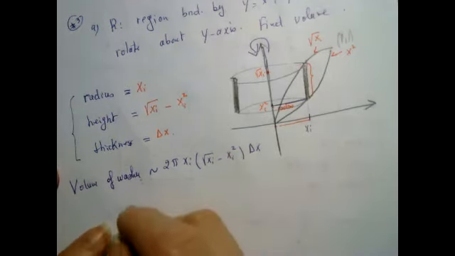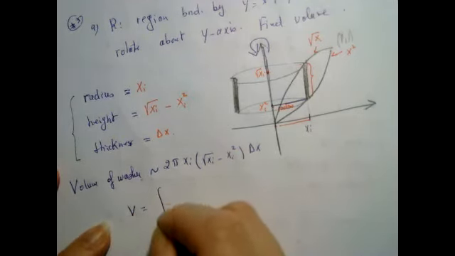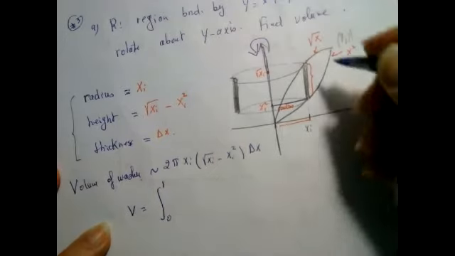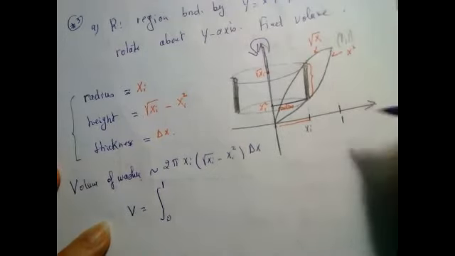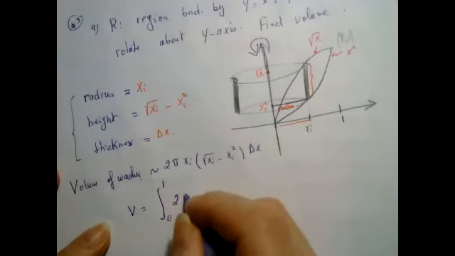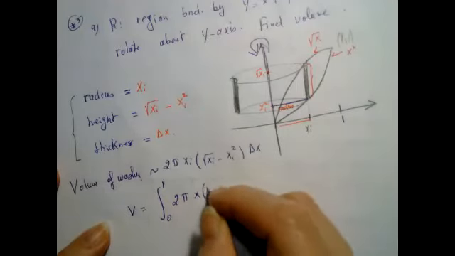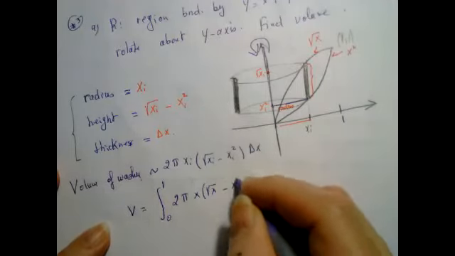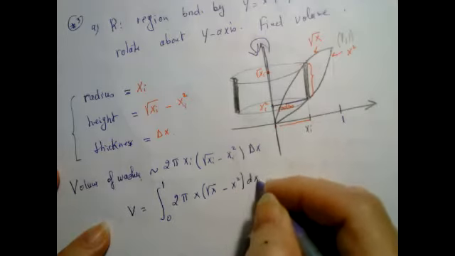And the total volume is the integral from 0 to 1, because this happened to be 1, it doesn't have to be, 2 pi x root x minus x squared dx.